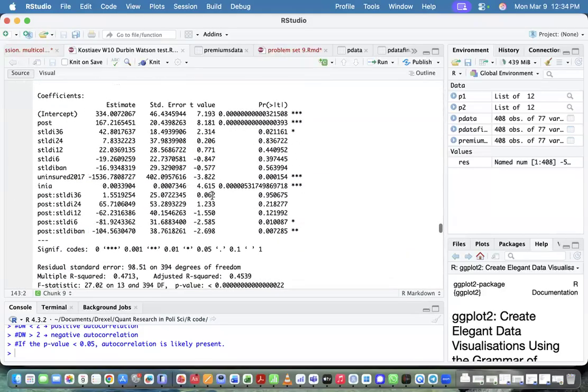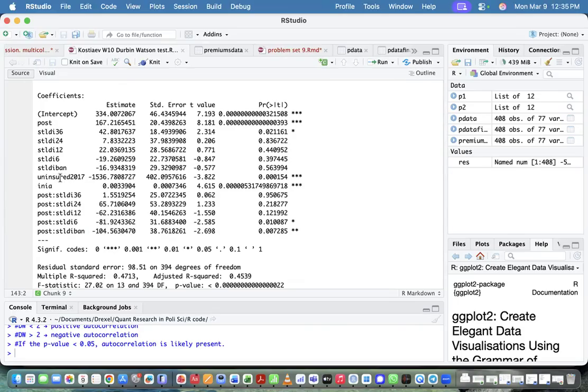let's have a look. I would guess uninsured. I have a strong feeling that premiums, the amount of money people pay for their insurance, affects uninsured rate.